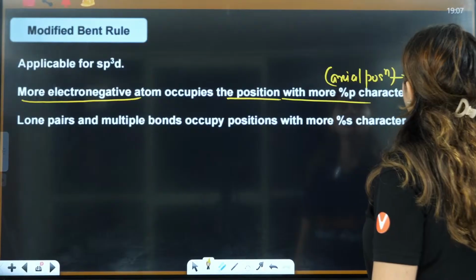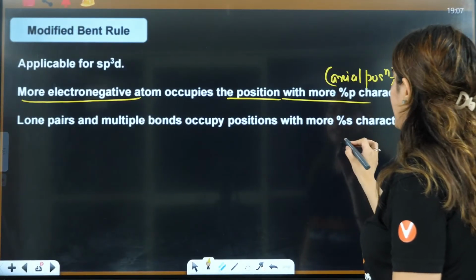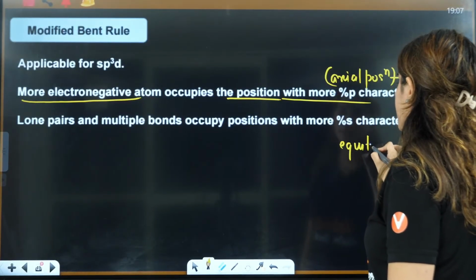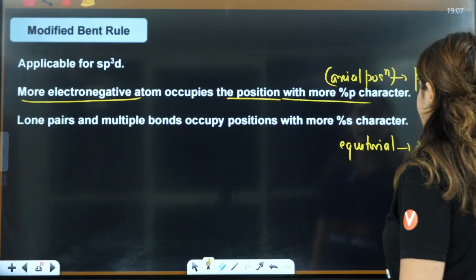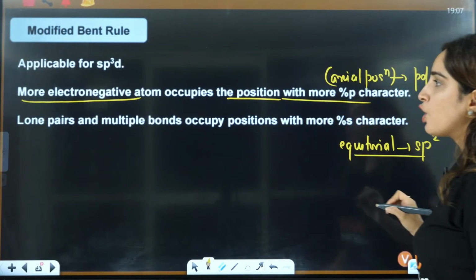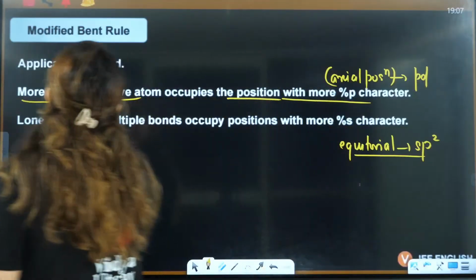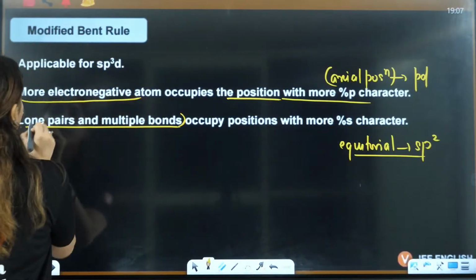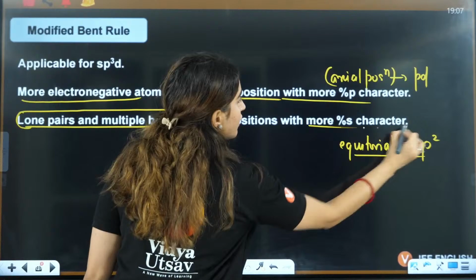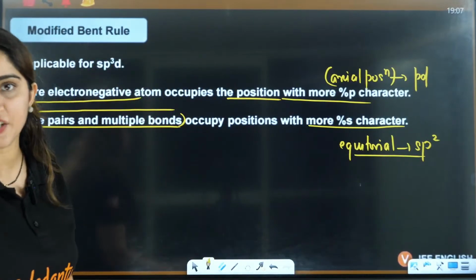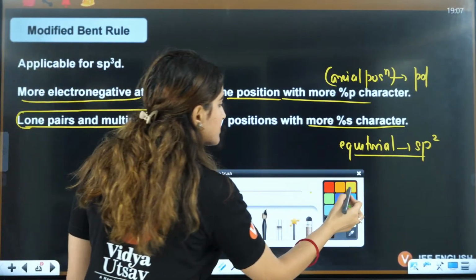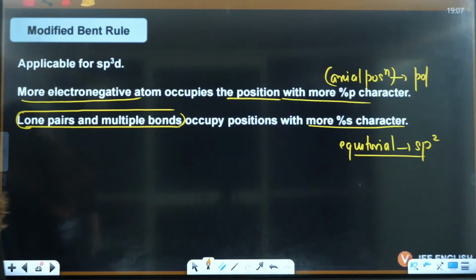The axial position was sp3d and the equatorial position was sp2. So lone pairs and multiple bonds will be where you have more percentage s character, that means on the equatorial. This is another way of writing this, right?